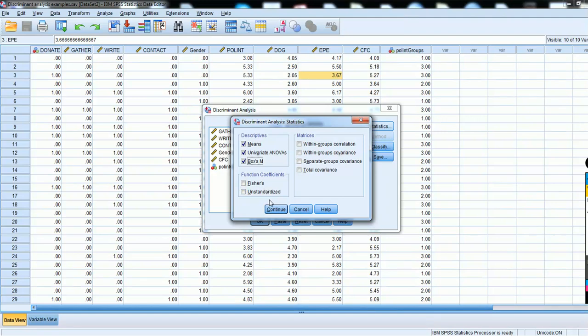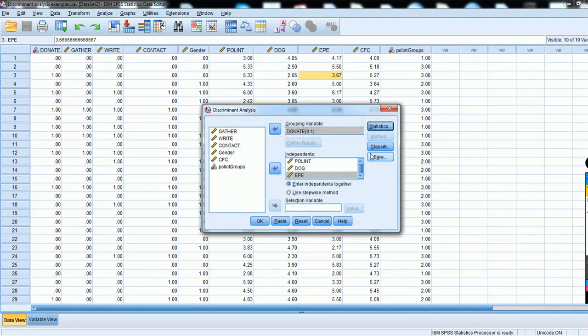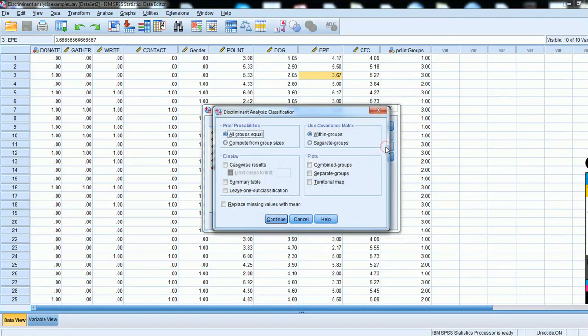So at any rate, now I'm going to click on Continue, and under Classify, what I might be interested in knowing is how well do my predictors predict group membership? So basically what happens is that based on the relationship that's observed between my predictor variables and my dependent variable, a prediction is made in terms of group membership.